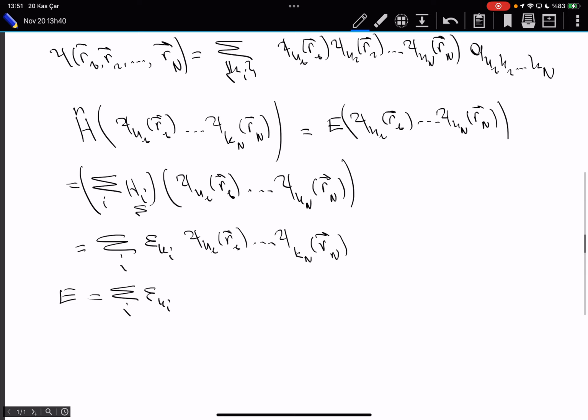Well, this is not a surprise. If you have non-interacting particles, the energy of your system will be just the sum of the energies. If they were interacting, at least in classical physics, you would expect the total energy to be the sum of the energies plus their potential energy. But in quantum mechanics, it gets more complicated than that. But since we are only looking at the non-interacting case, this is the total energy.